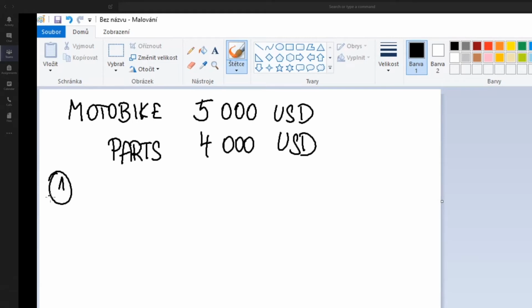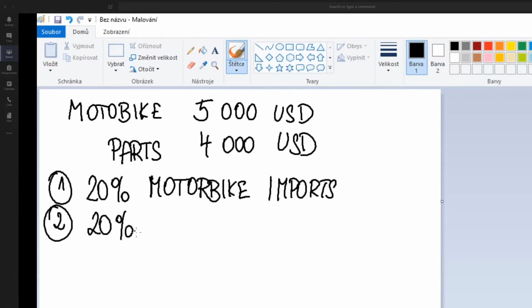There is 20% tariff for motorbike industry imports. Secondly, 20% for the parts. And you should set, in both cases, effective tariff protection rate. Please use the formula.